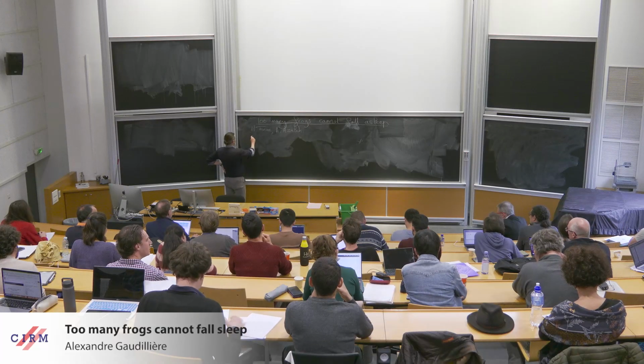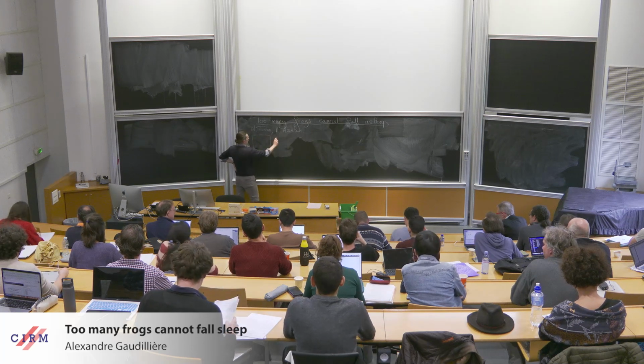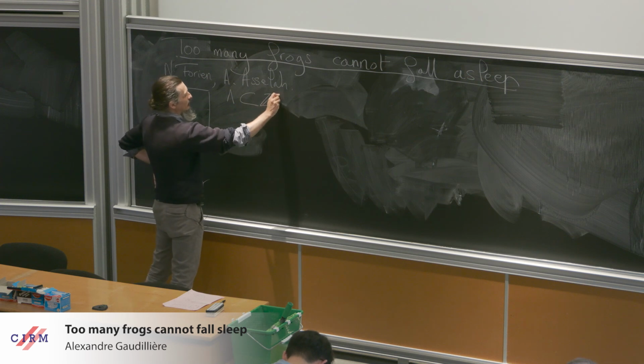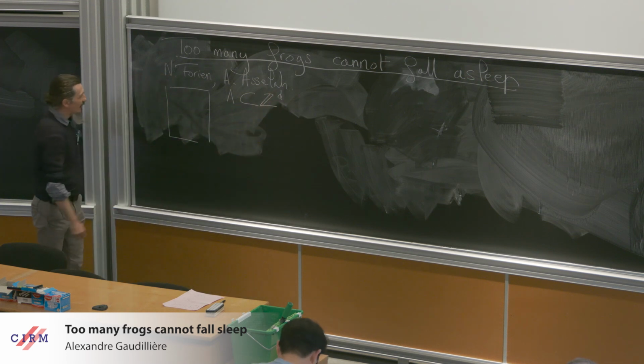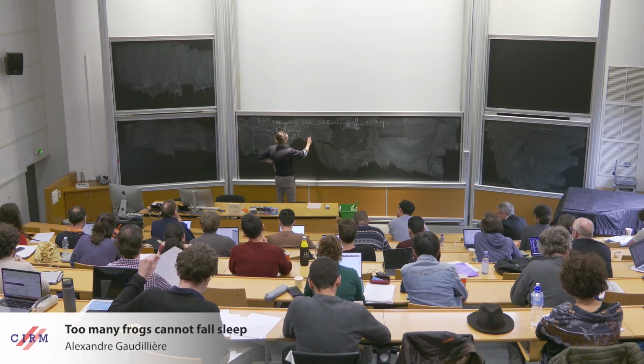So I will consider a square box, lambda in Z^d. And you have to think of this box as a large one.